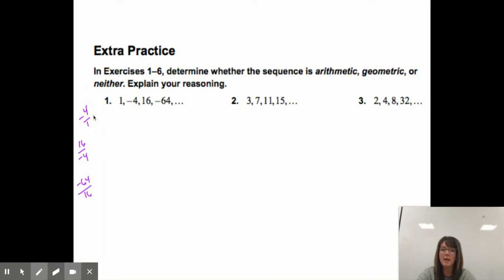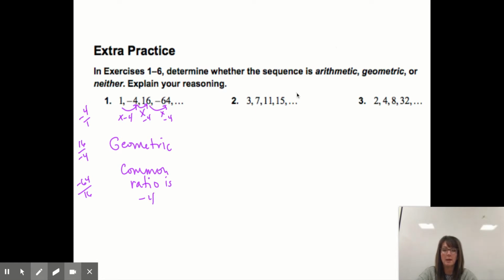They all have a common ratio, or common factor, of -4. So from here to here is times -4, times -4, and times -4. So it has a common ratio, which would make it geometric. And to explain, we'd say the common ratio is -4, okay?